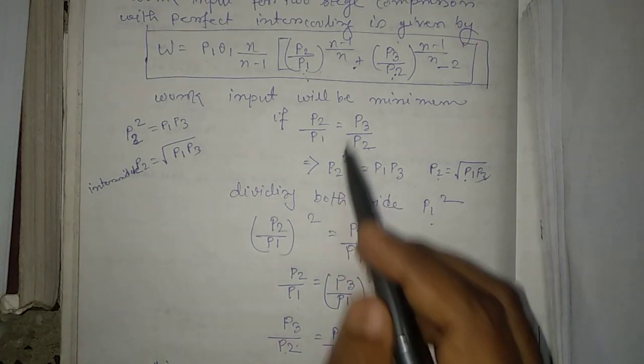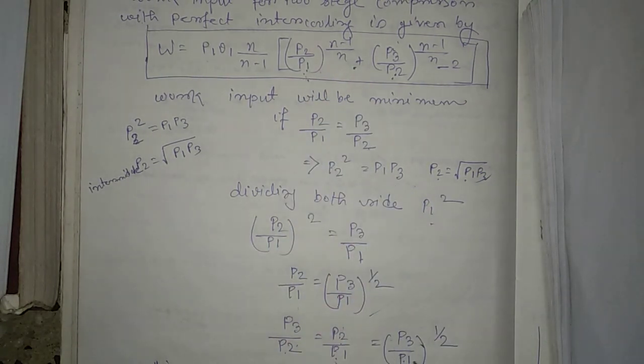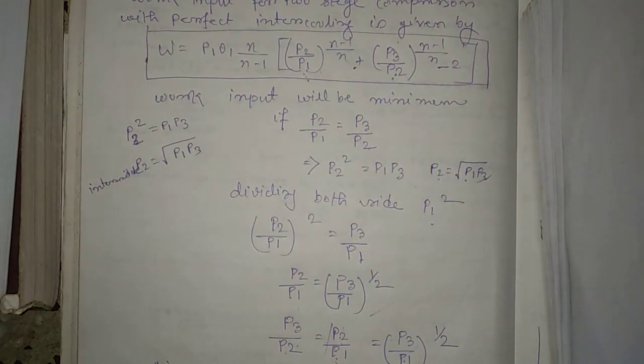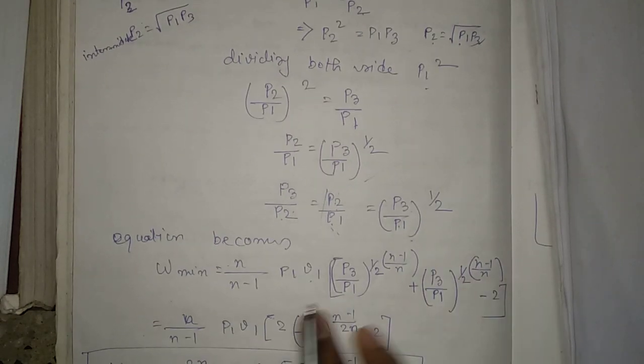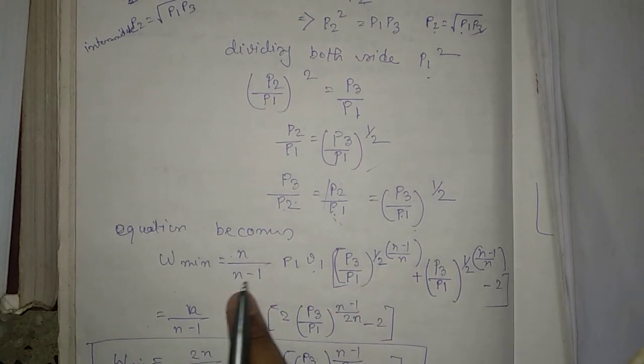So P2 by P1 can be replaced with P3 by P1 to the power half, and P3 by P2 can be replaced with P3 by P1 to the power half, meaning under root of P3 by P1. If you replace both, the equation becomes this one.